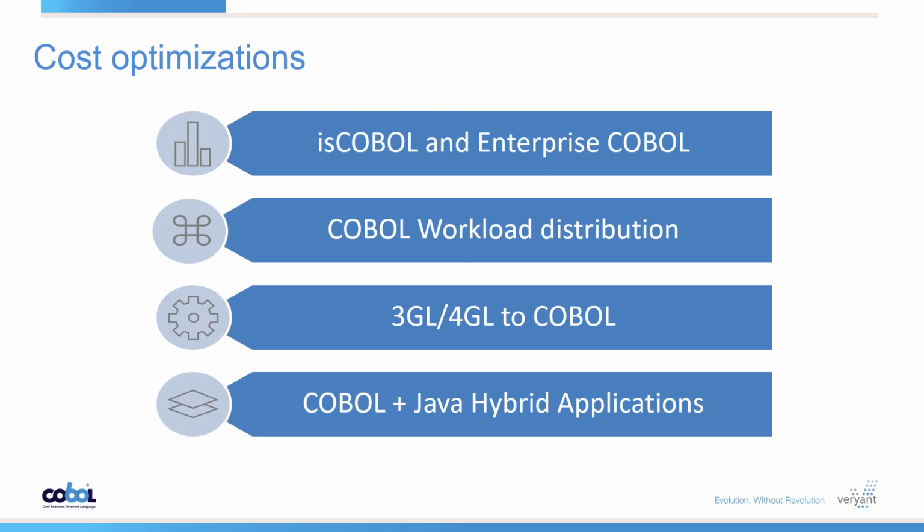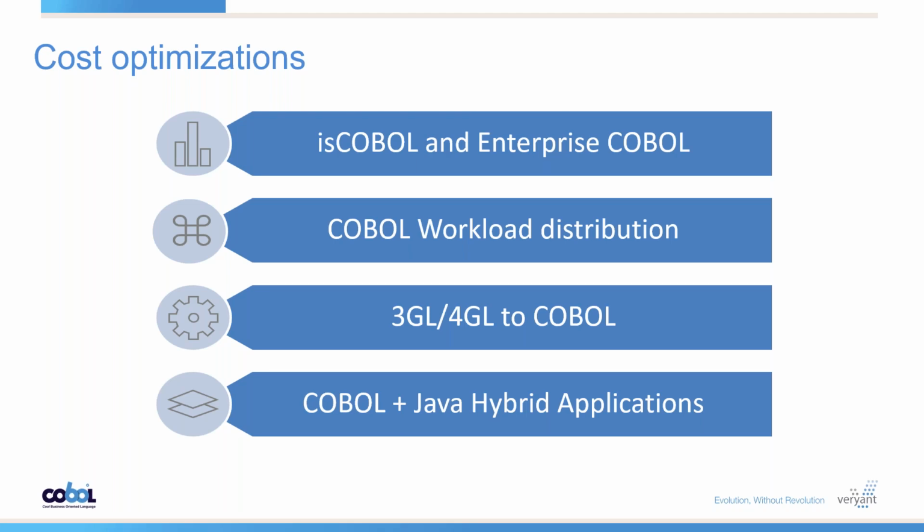So organizations transforming their non-COBOL code, for instance, assembler or PL1 programs, to COBOL can move to isCOBOL, and that moves the workload off of the zOS. By the way, we have tools that can help you with that transformation. And of course, using Java, moving to isCOBOL means you can natively or easily combine Java and COBOL developments together.